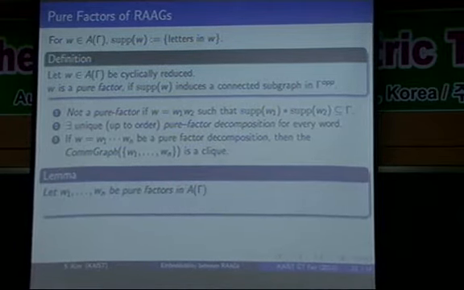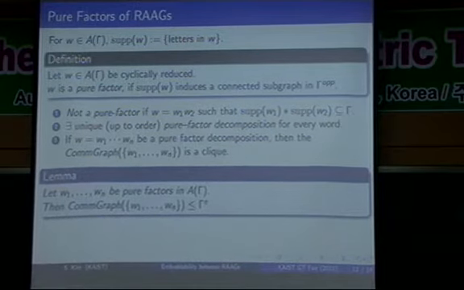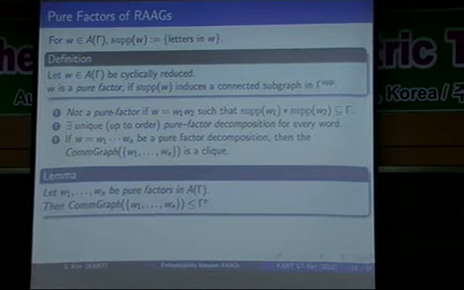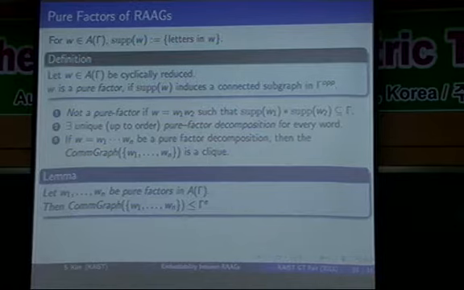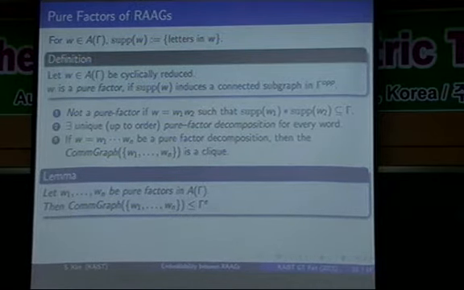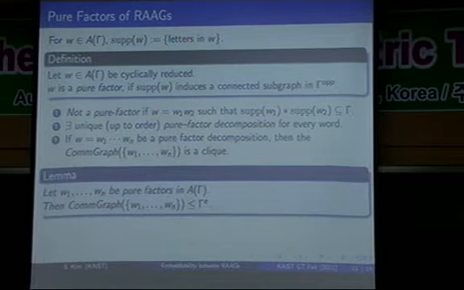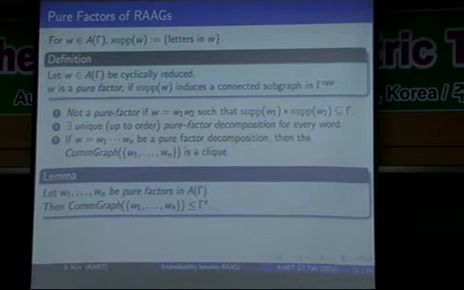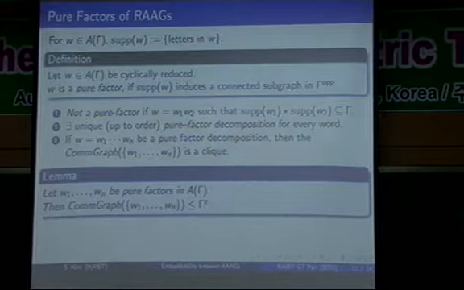So the key lemma, actually this is almost all. The key lemma is if you have pure factors in right-angled Artin groups. For full detail, we have to consider the non-cyclically reduced case also, but let's just consider the cyclically reduced case only. So consider cyclically reduced pure factors. Then the commutation graph will appear in the curve complex, in that extension graph.